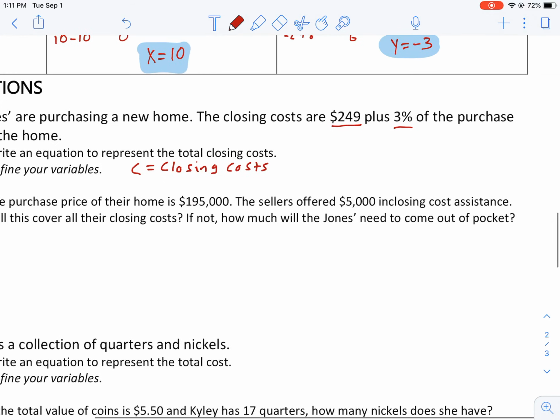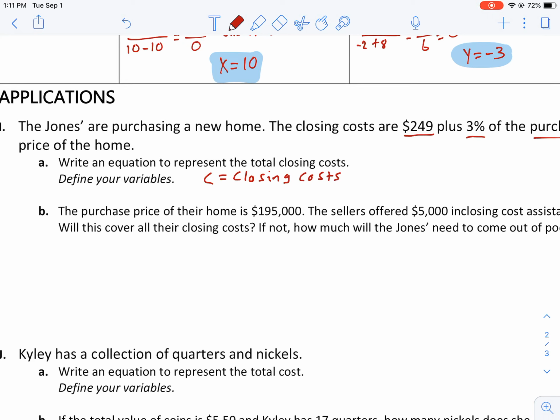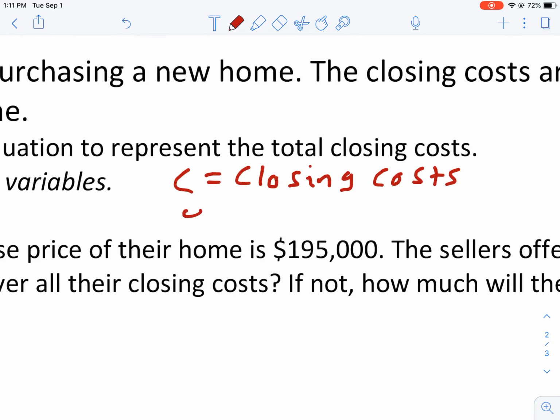We also have another variable, the purchase price of the home. That could change. Every home's going to be different. So we're going to make that other variable P, the purchase price. We have a lot of alliteration in this problem. I don't know why. That's just a coincidence.